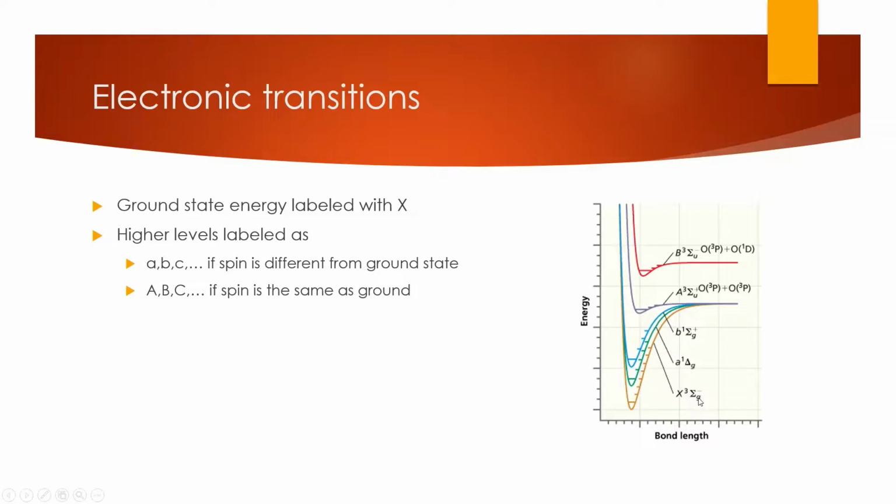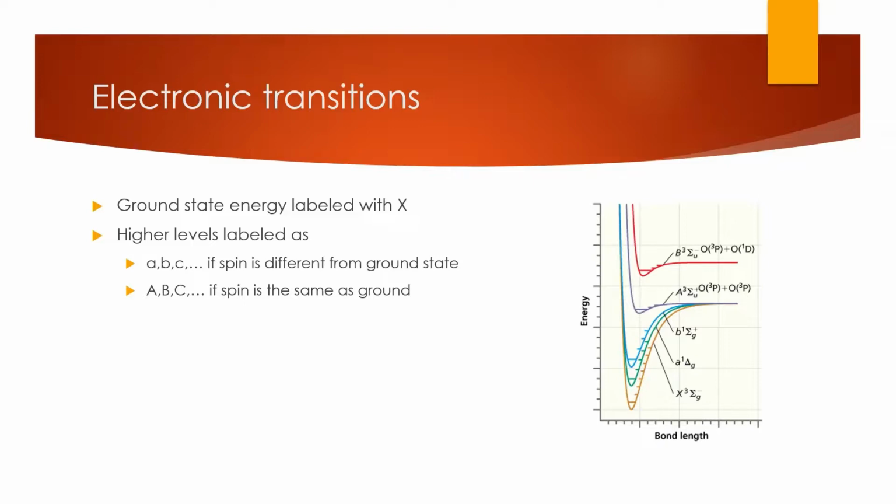We label the ground state for molecules with an X. You might remember this when we were looking for the constants for hydrogen chloride. We had to scroll all the way down to the bottom of the NIST webpage, and we found something that said X something, and it was Greek because it was talking about the term of the HCl molecular orbital in the ground state. This is the lowest energy term, and we give it an X. Higher energy levels are labeled with A, B, and C, just going down the alphabet.